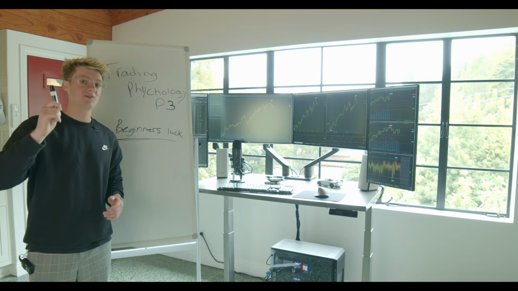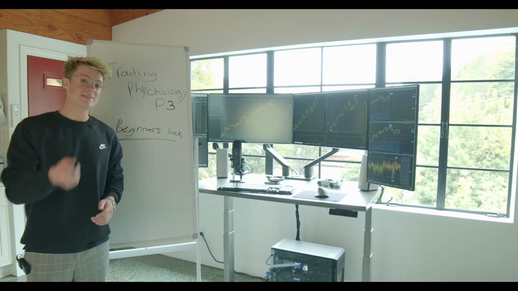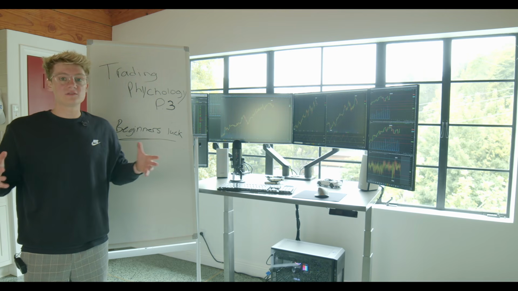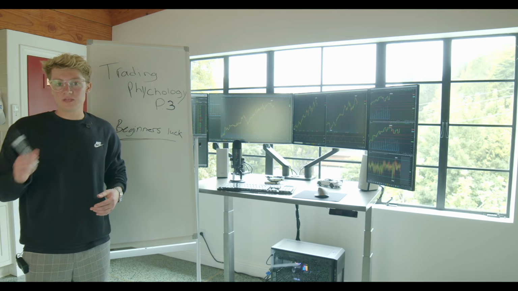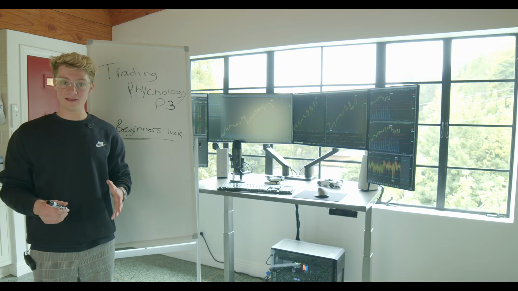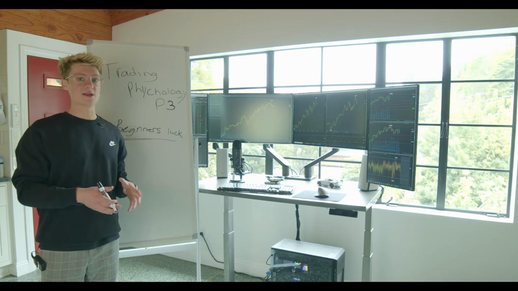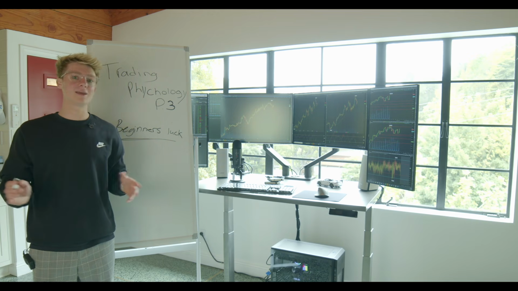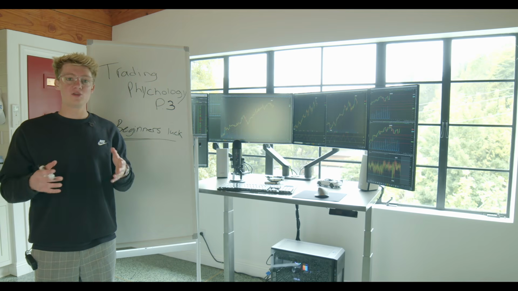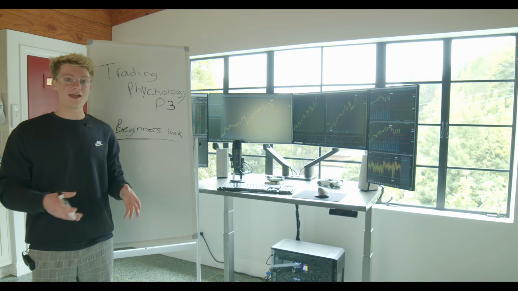And I like to hear that answer more, because at least in that position, they know that they haven't figured it out, that they're not this genius trader, that they just had beginner's luck. Now, being able to realize this is vital in moving forward as a trader. You have to put your ego aside and forget about whatever it was that you did first to make that money. And you actually have to now learn how to trade.